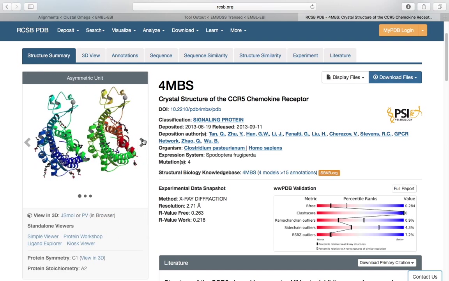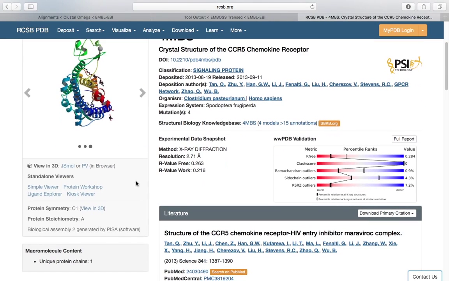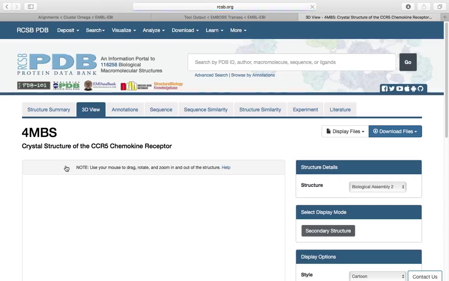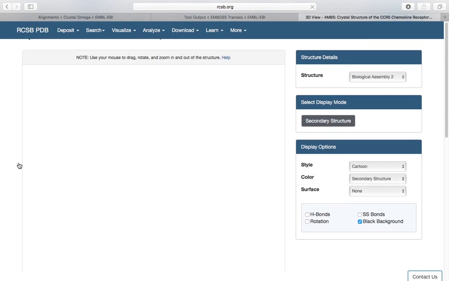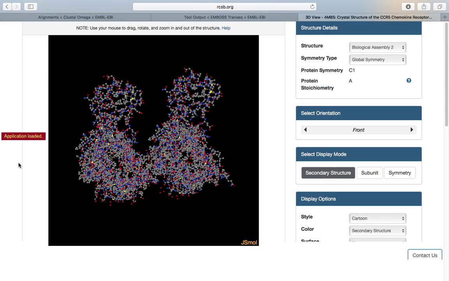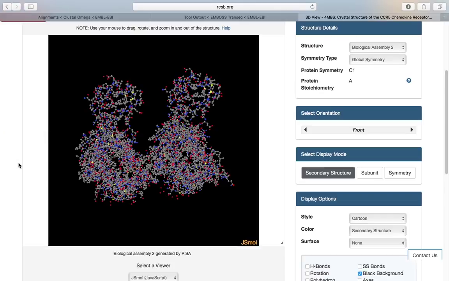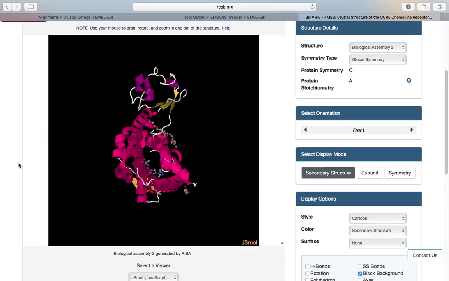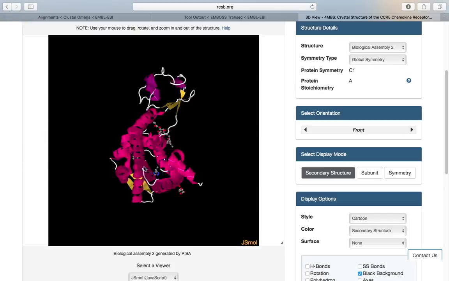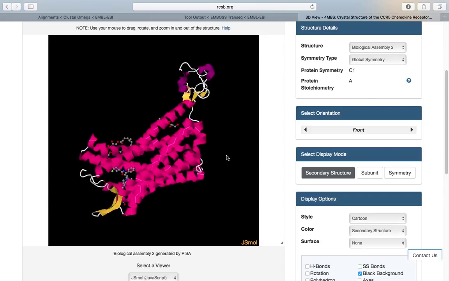Now there are two of them, two protein subunits, and you can move along and play with them using the 3D viewers. You can actually begin to play with the protein, you can rotate it, you can change the settings. So we can have a look at cartoon or secondary structure.